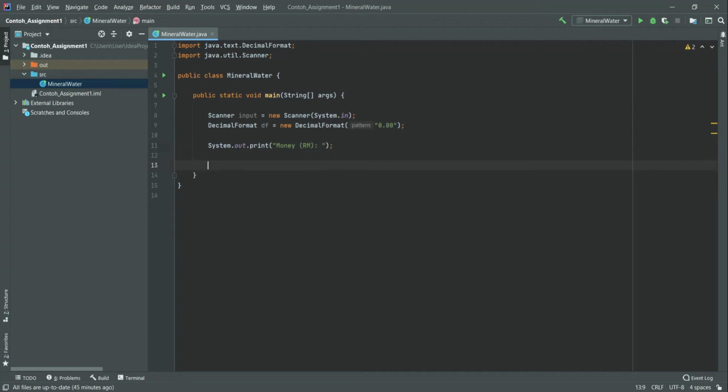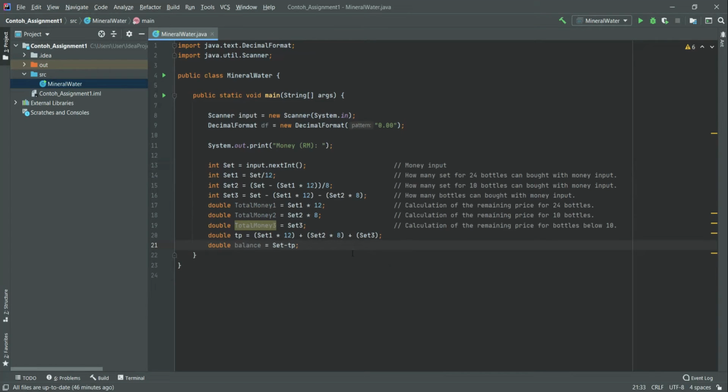Next I will list all the input that will be used for the calculation. Here is the integer declaration for money input.